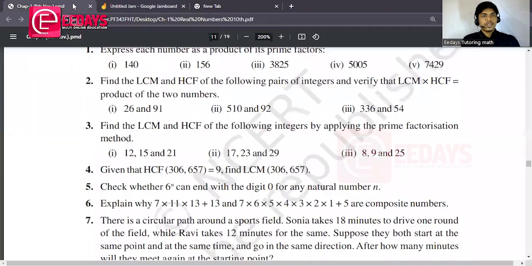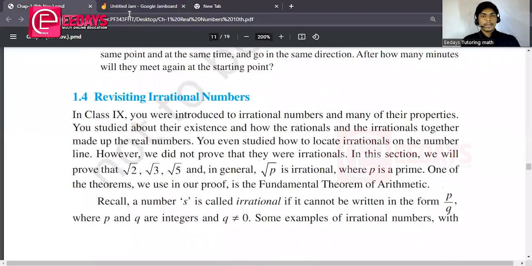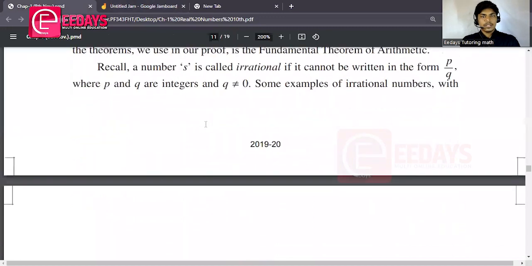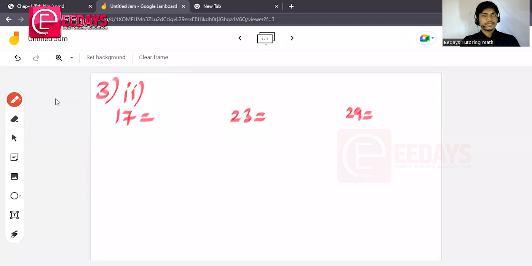What are the numbers? 17, 23, 29. Let's write it here.